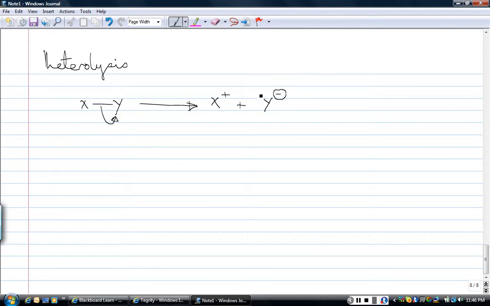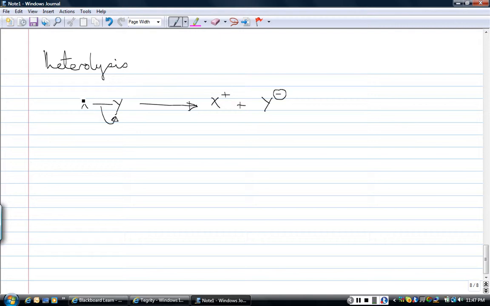Now this should be fairly obvious. Here, X and Y are both neutral. So when X has one electron in this bond, and Y has one electron in this bond, they are neutral. So if X gives up the electron it was sharing to Y, so Y gets its electron and X's, then Y will be negative. If X then has lost the electron it put into the bond, then X is going to be positively charged.